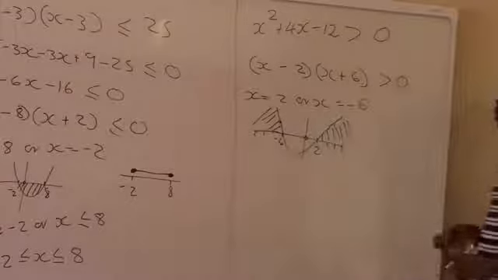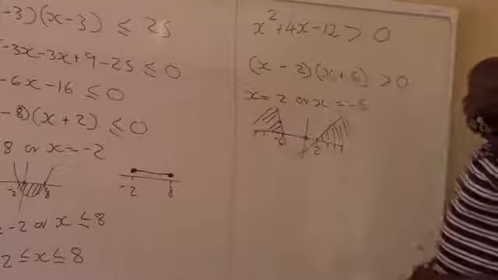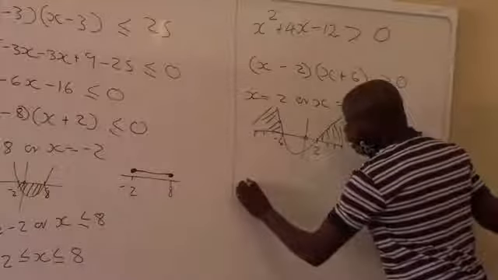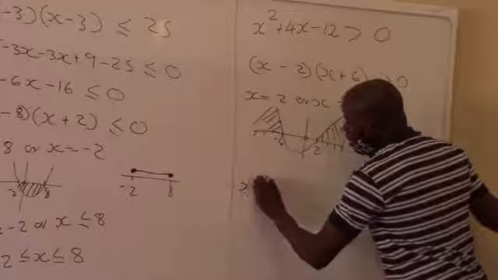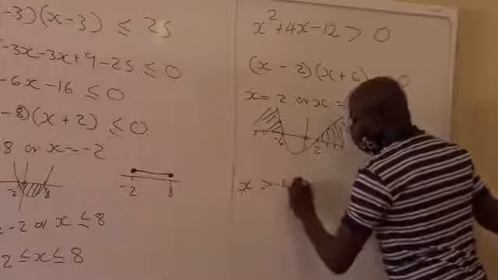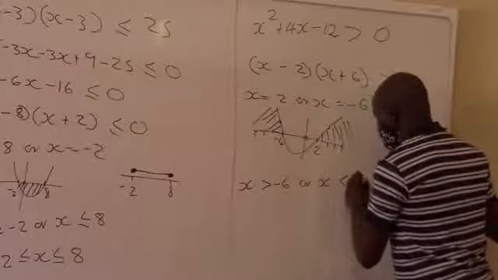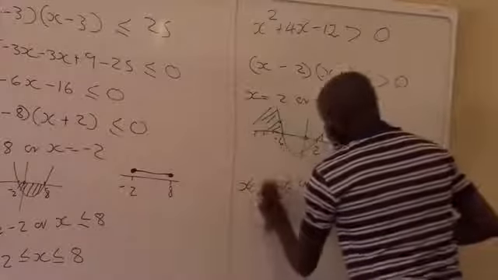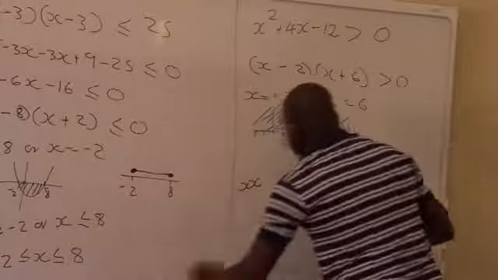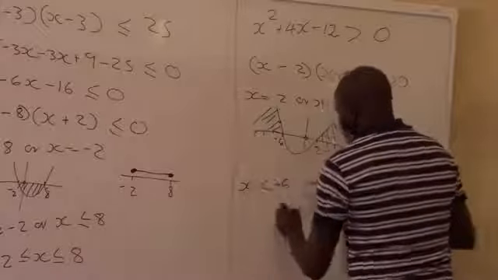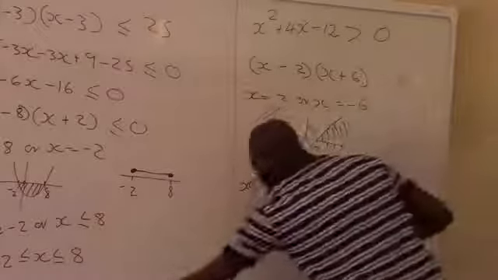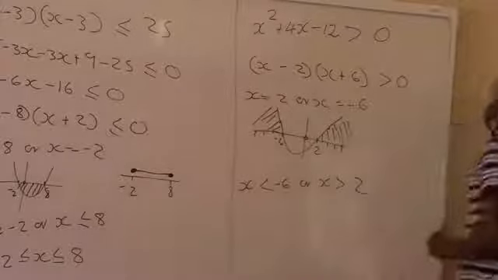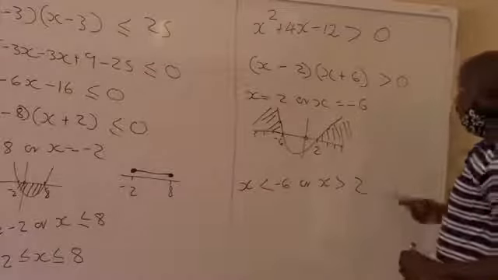So now, if it's like that, how do we now write it? We conclude in this one, because of the greater than there, it means anything that is less than negative 6 and anything that is greater than 2 are the ones that are going to give us what we want.